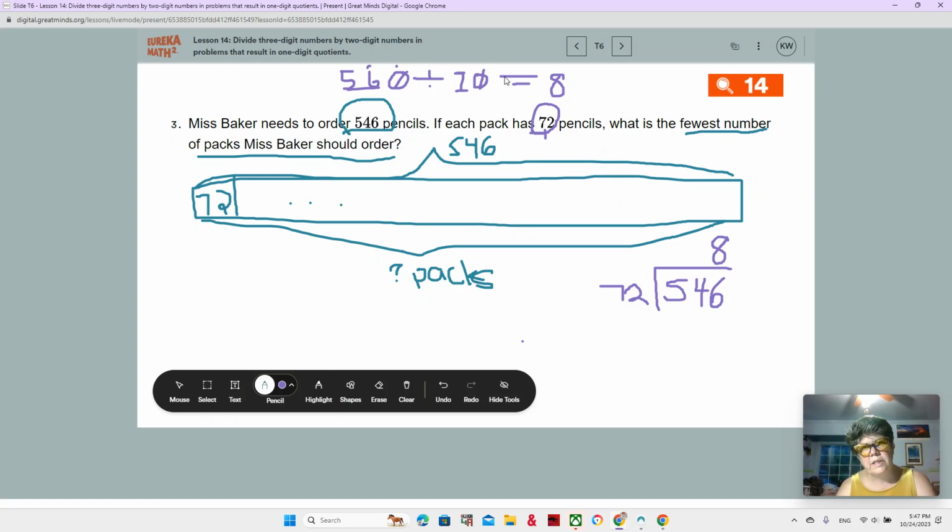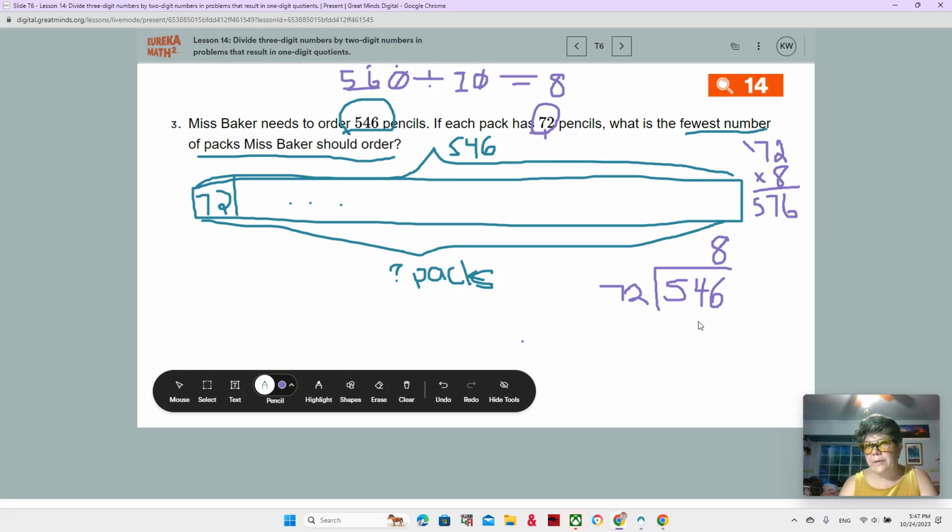So this is an estimate to help us come up with it. Now we need to do 8 times 72. All right, so 72 times 8: 8 times 2 is 16, 7 times 8 is 56, plus 1 is 57.